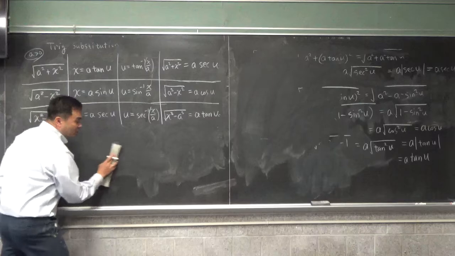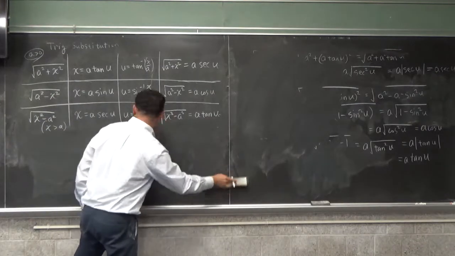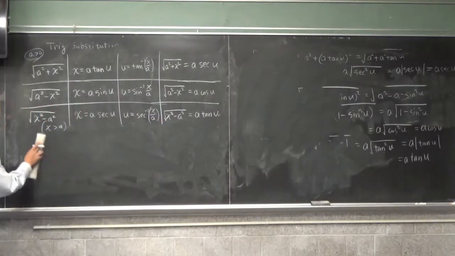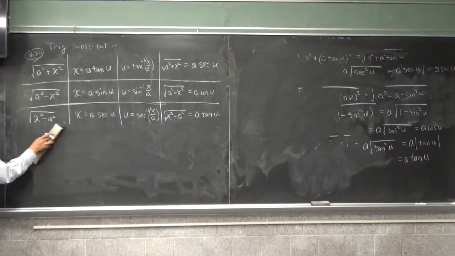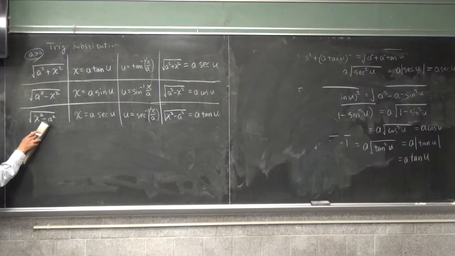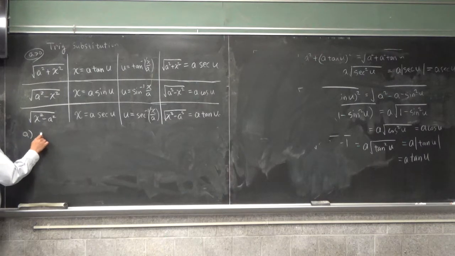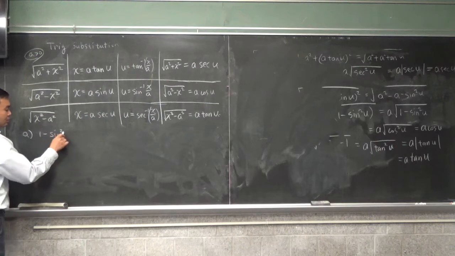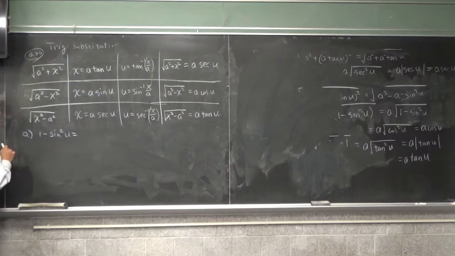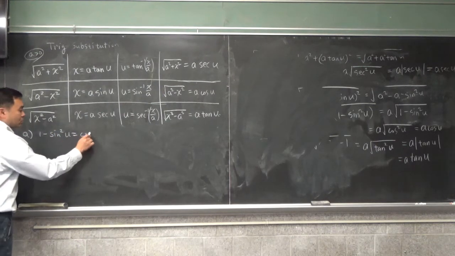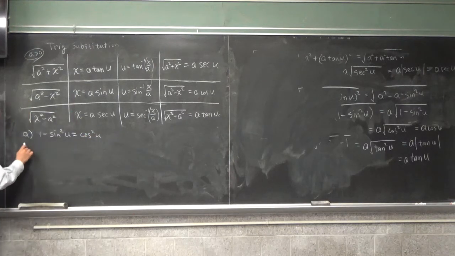Now, before I do an example, I also want to write some formulas that come up a lot that you should know. Okay, so first the one that we had, A: 1 minus sine squared of u is cosine squared of u.